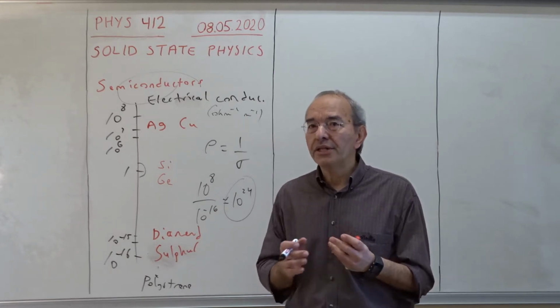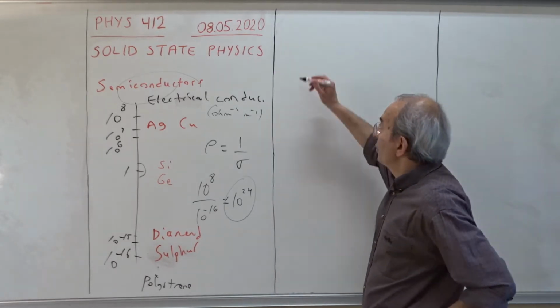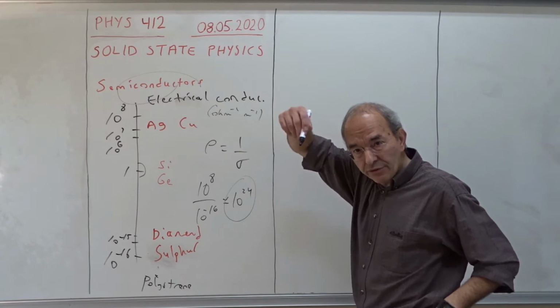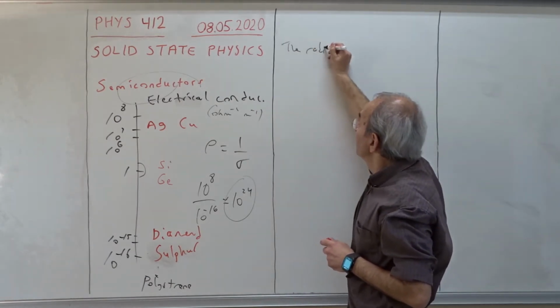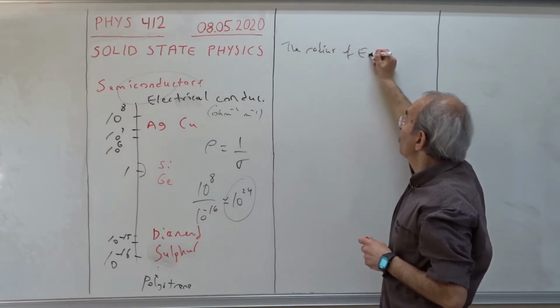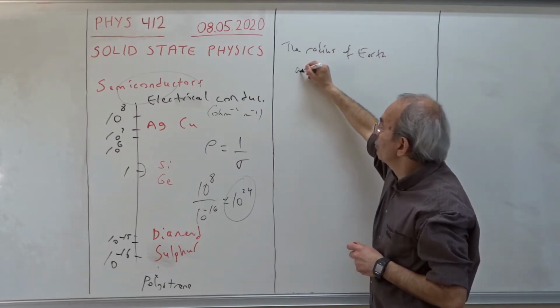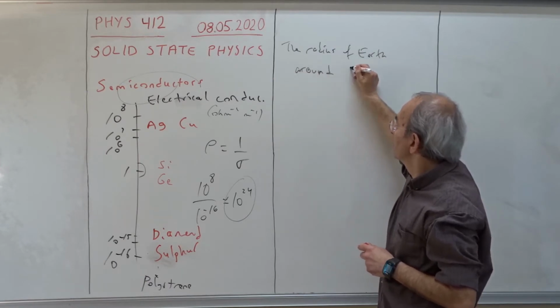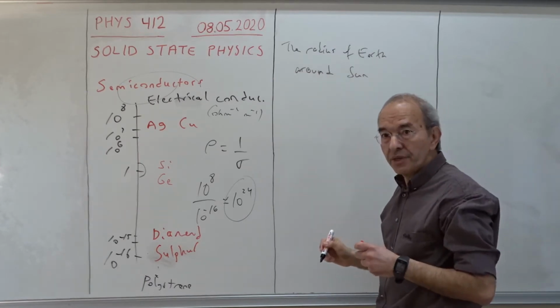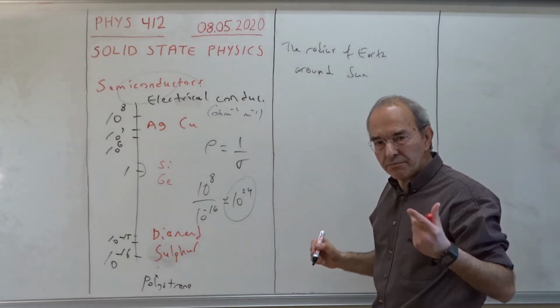compare some radii, for example, the radius of the Earth around the Sun in the solar system, what is it? It is 1.5 times 10 to the 11 meters.